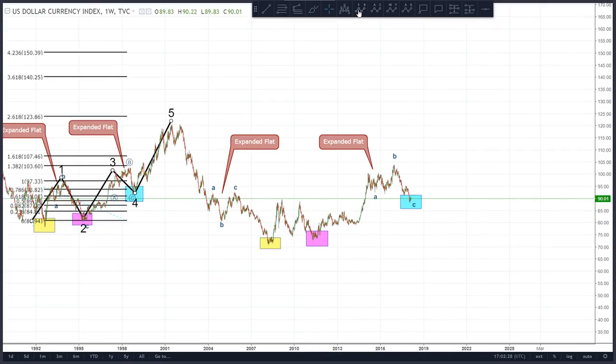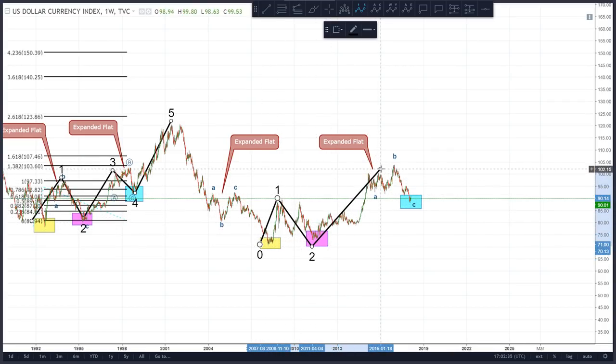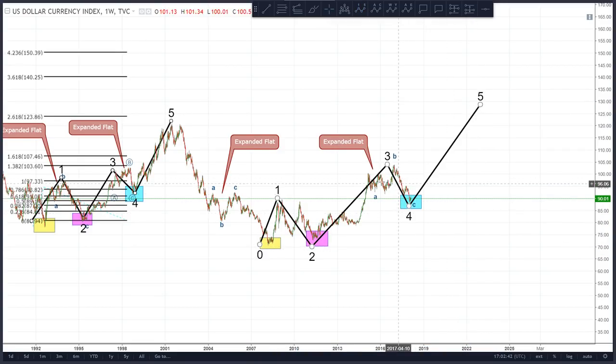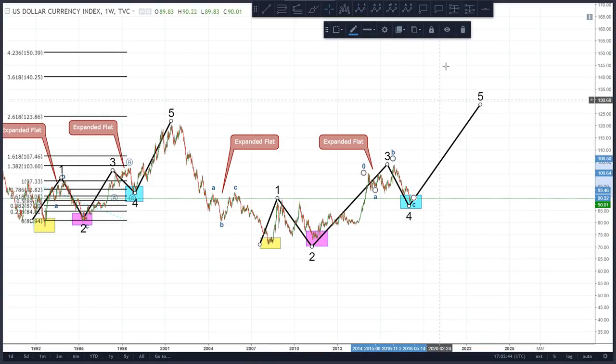If I just label this 1, 2. So let's say 3 finished here. 4, 5. So let's get rid of this expanded flat.